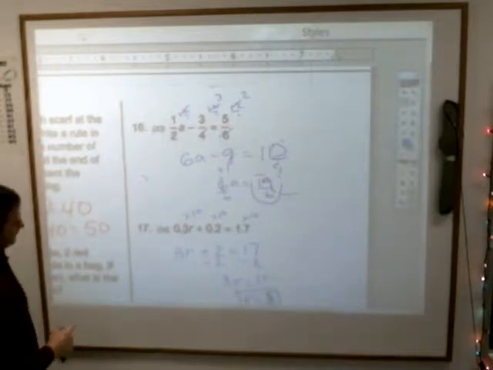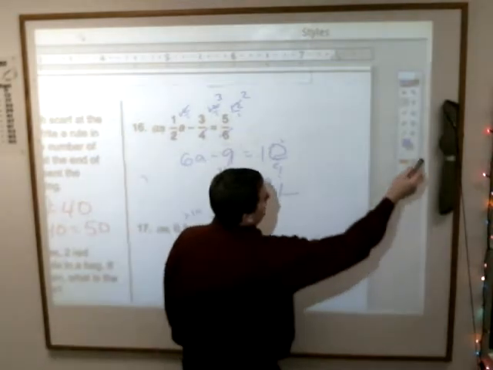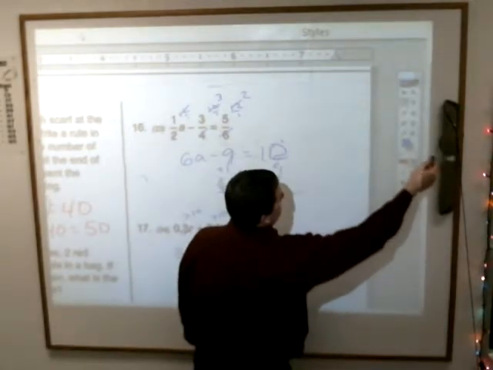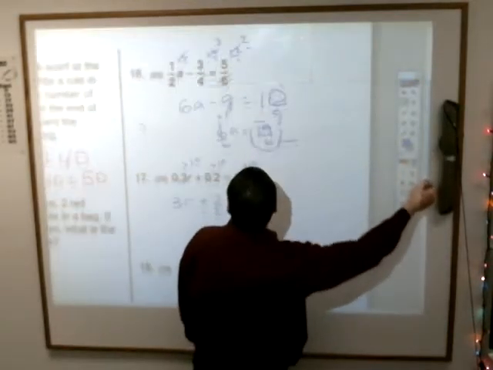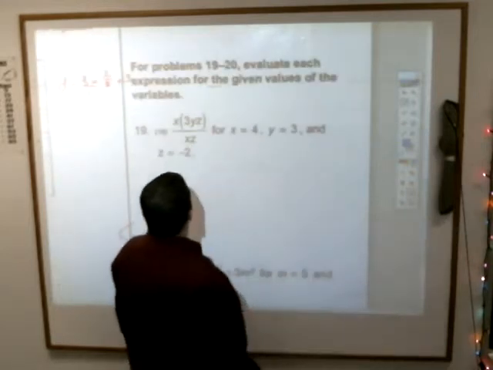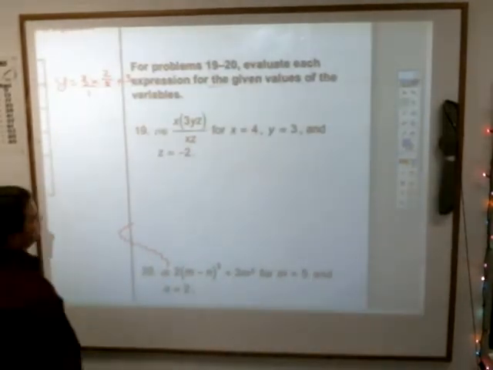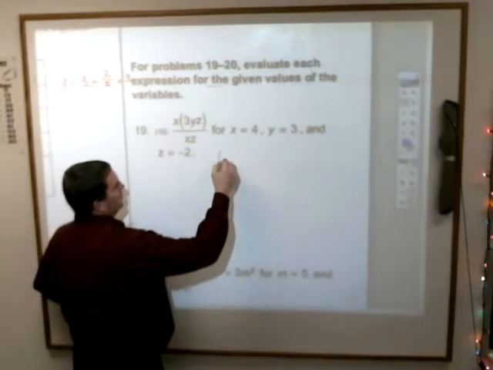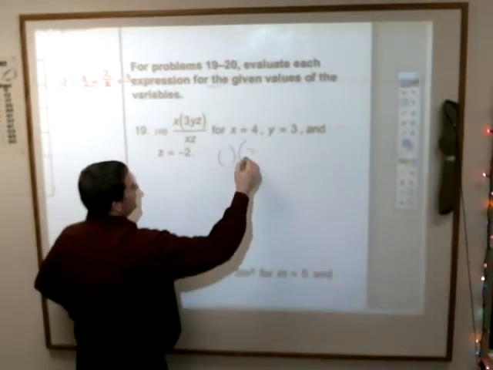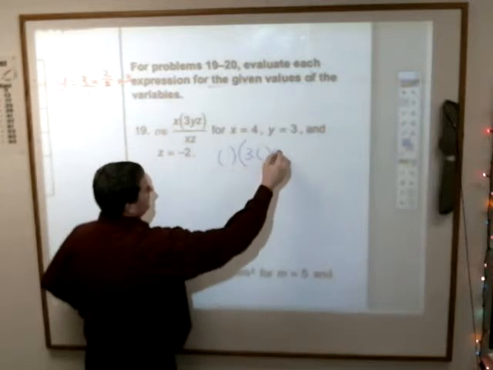Jackson. Number 19. Oh, I was hoping number 19 would be there. What is number 19? So you wrote this, Jackson? Putting parentheses in for each letter.